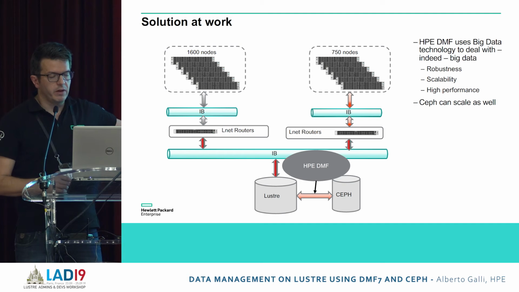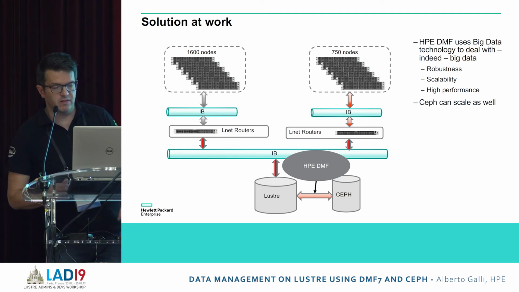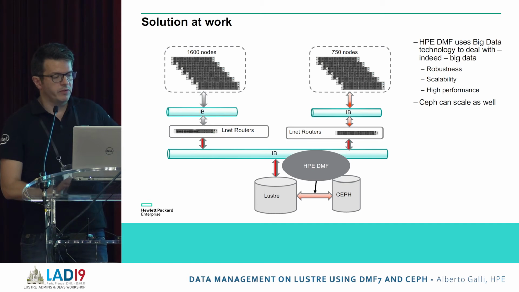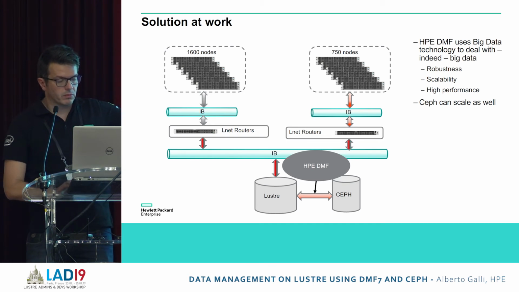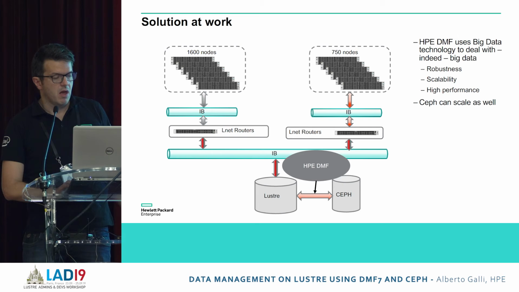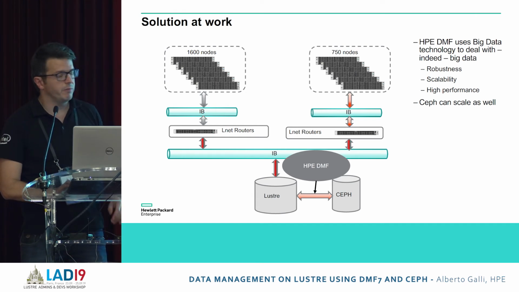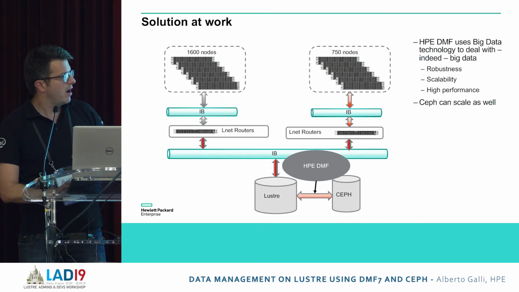Okay, so basically the solution we implemented looks a little bit like this. So with several file systems in the front end, then the HP DMF on Ceph on the back end. Something that is not shown here, the customer in the beginning did have two clusters, but the customer was using GPFS, the first file system.